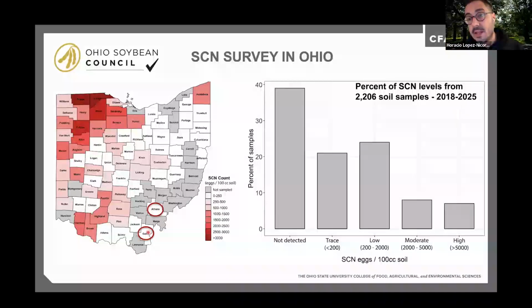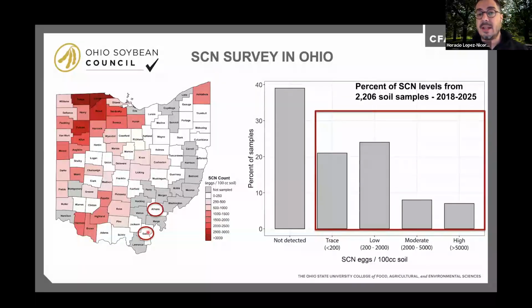Over the 2,200 samples that we have processed so far, more than 60% are positive for SCN. So it's not just flipping a coin here anymore. Whoever joined this meeting today possibly has SCN with more than 60% certainty, right?